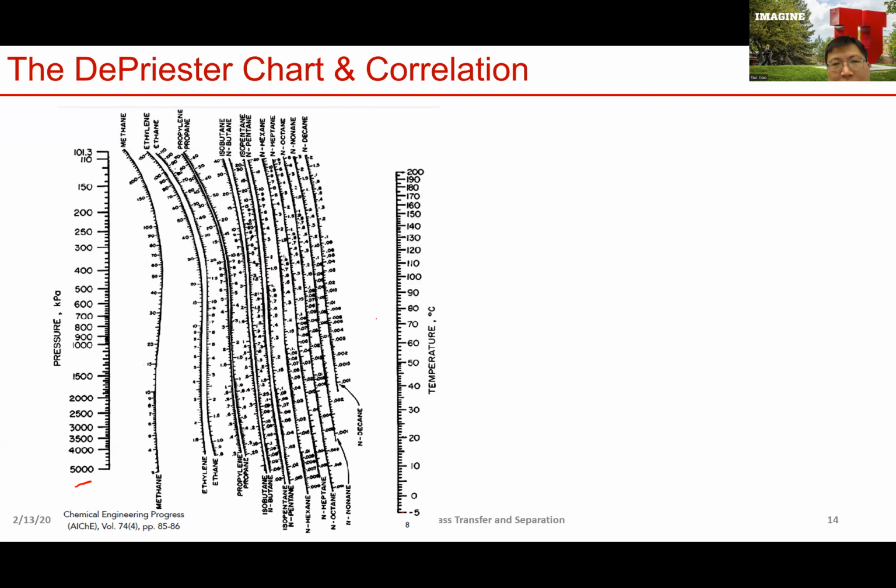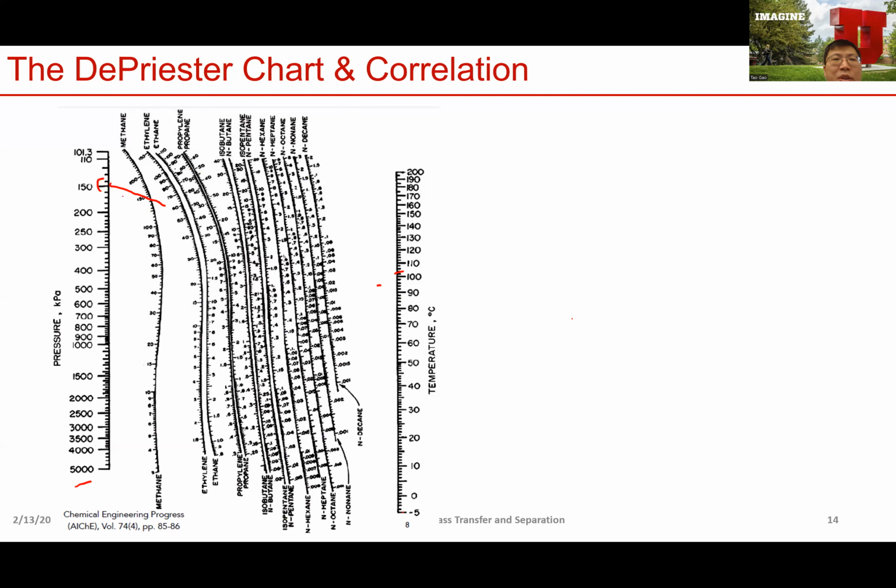We have 1 point here, 1 point here. Sorry, that line is not very straight, but you get the point, right?